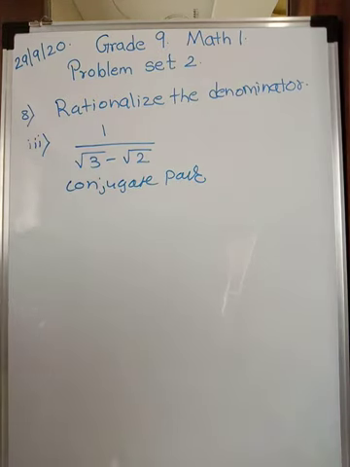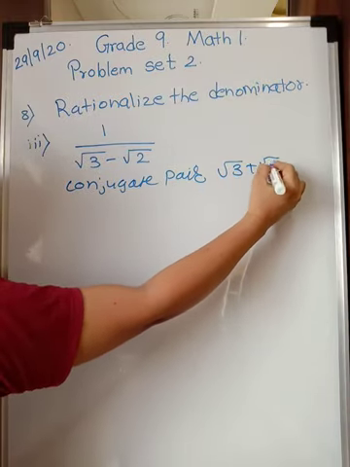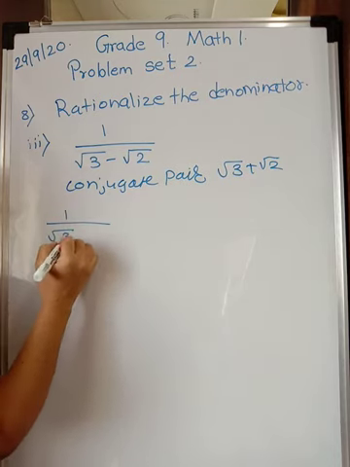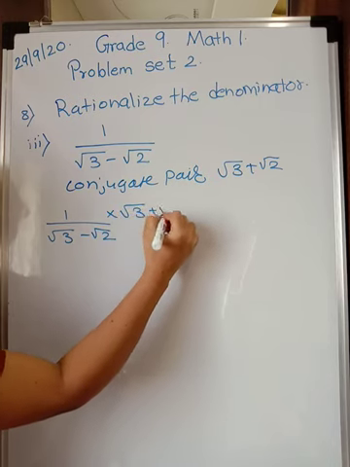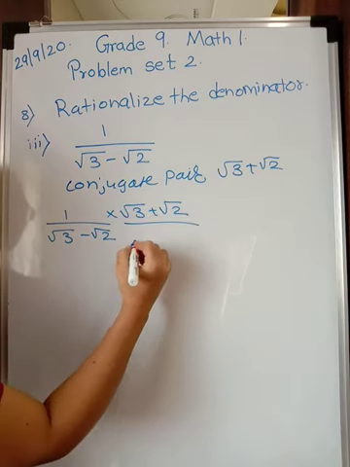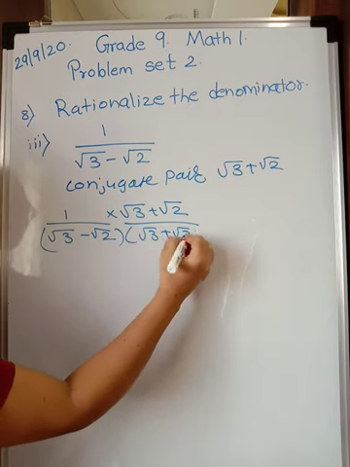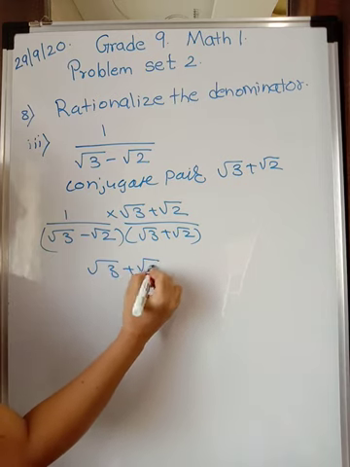That is the conjugate pair. You are going to multiply with this, numerator and denominator both. Up you will get only root 3 plus root 2.